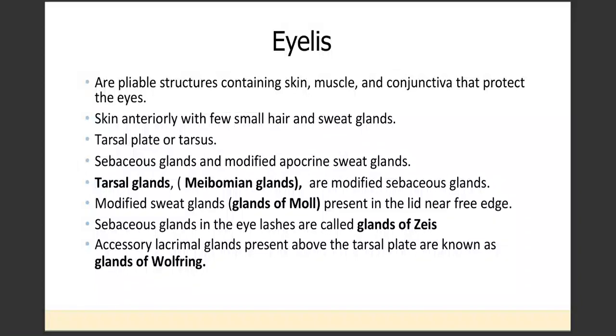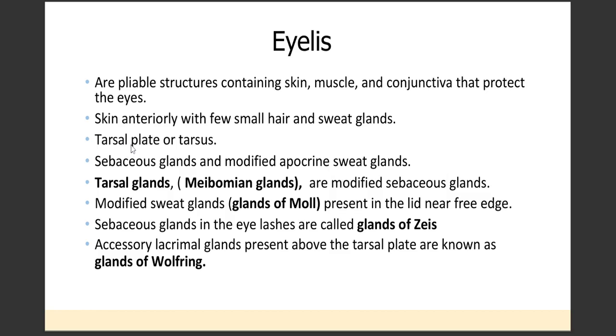The eyelids are pliable structures containing skin, muscles, and conjunctiva that protect the eye. Basically, skin, muscle, and conjunctiva. Anteriorly, there is skin with a few small hairs and sweat glands.